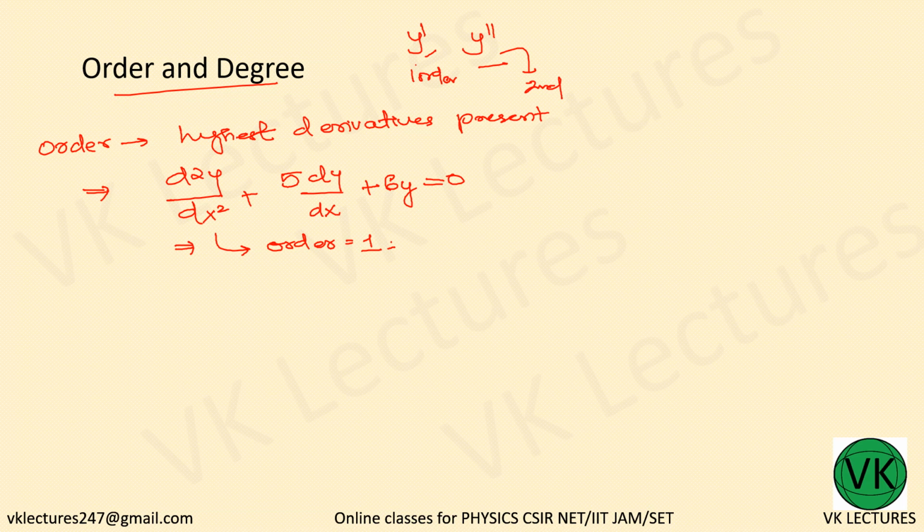Now what do you mean by degree? Degree is the power of the highest order derivative. Order is the highest derivative, and degree is the power of the highest derivative.